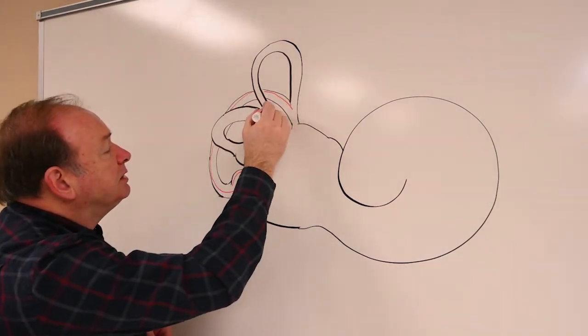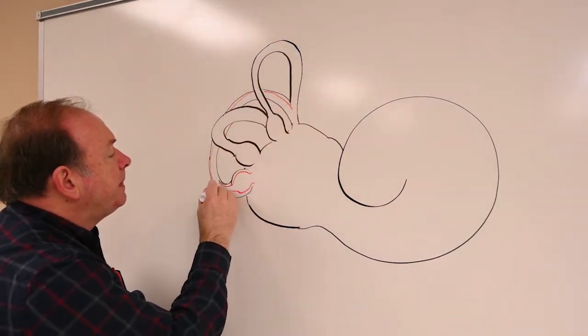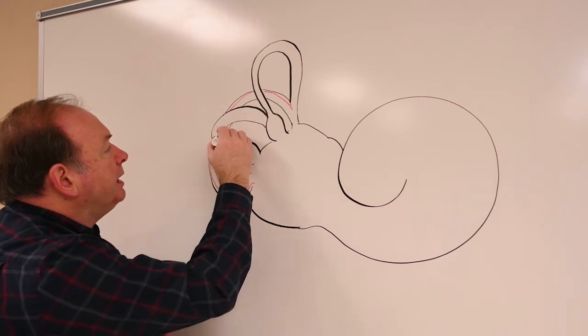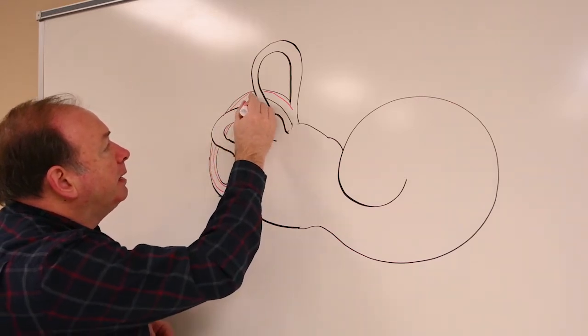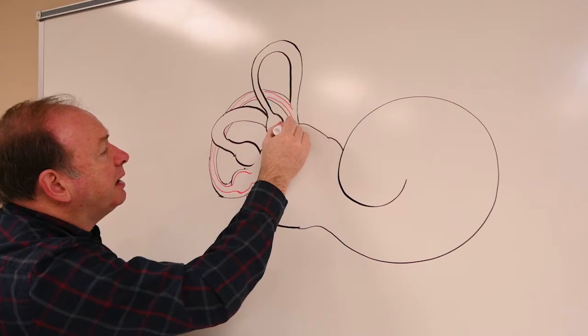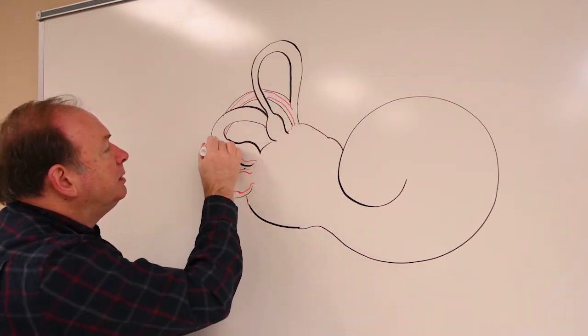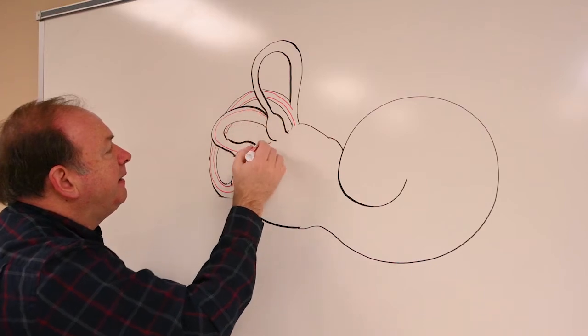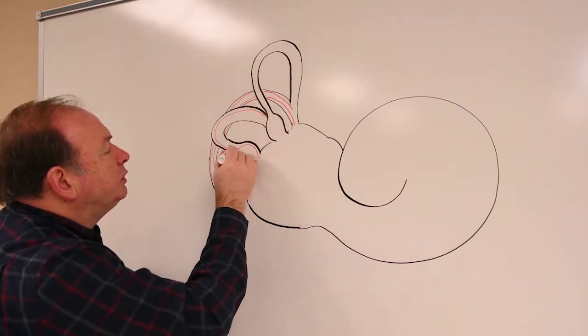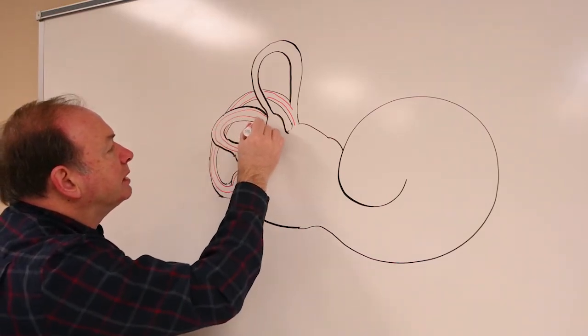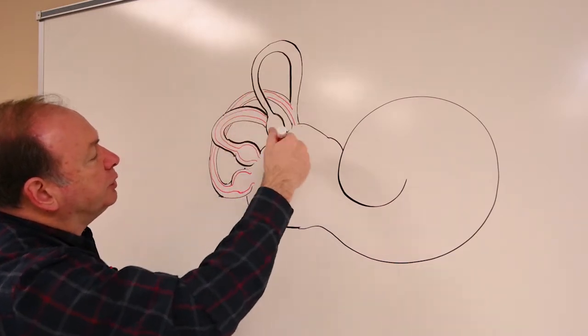So these ampular organs are at the base of our semicircular canals at one end. So there's one semicircular canal, and here's another one. There's the ampular organ, the swollen part, and then the tube, the duct that connects, goes all the way around.